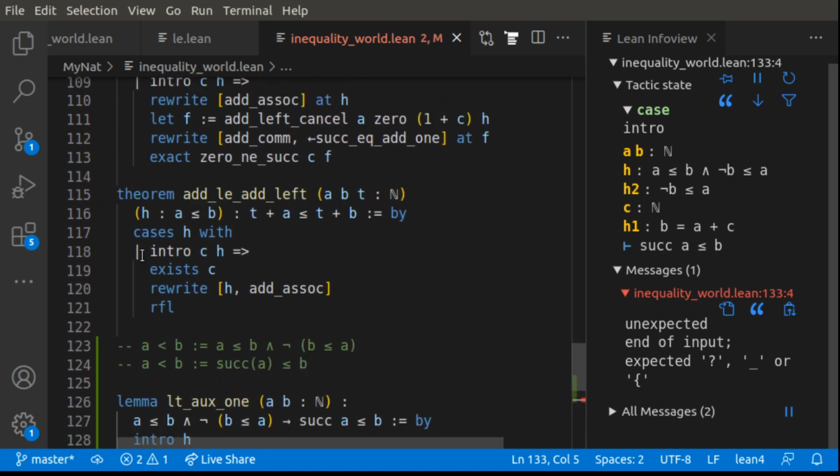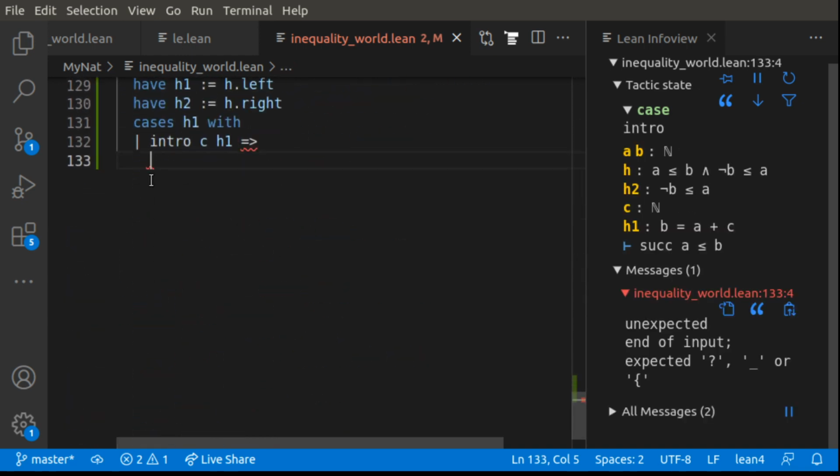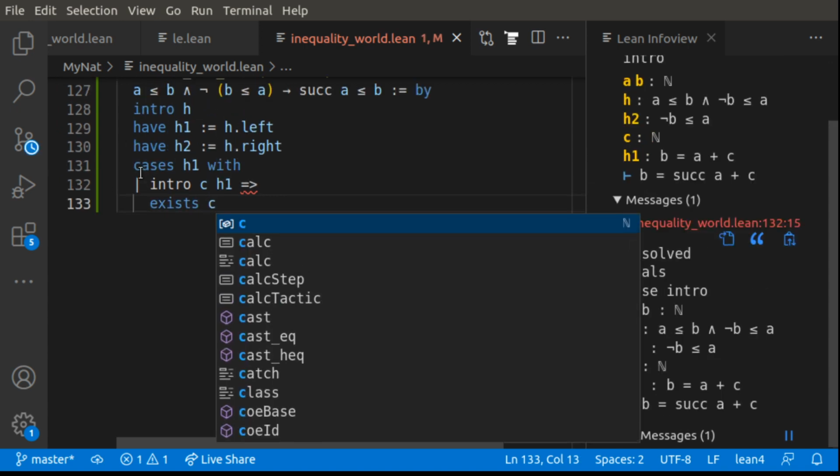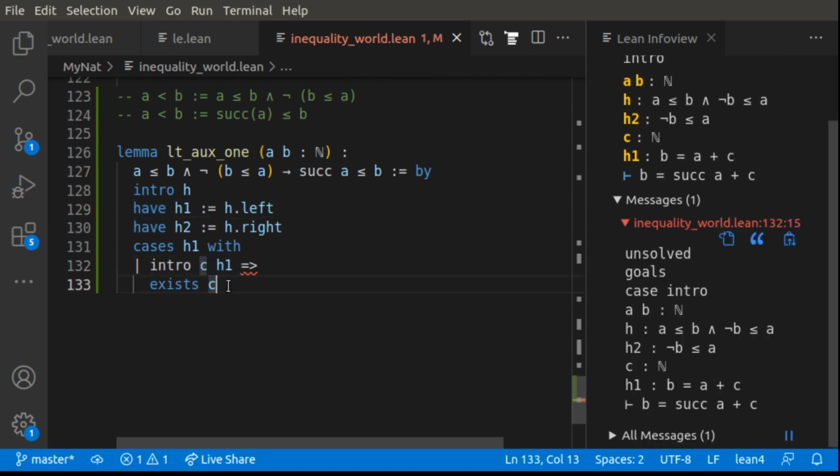So we now have b less than or equal to a. What if we do exists c? That makes our goal, well, this is impossible, but that's what makes our goal that. Okay, so now we have our not b less than or equal to a. We kind of need to get that into our goal state.